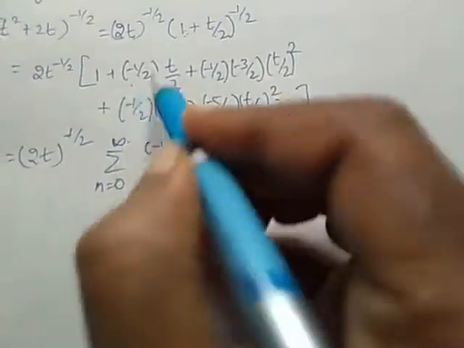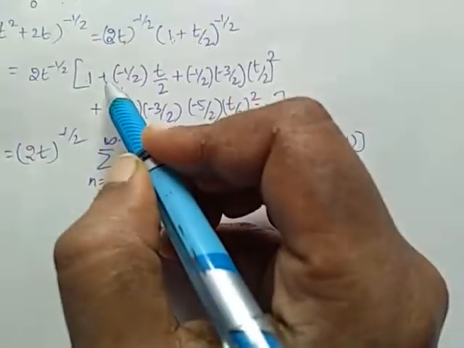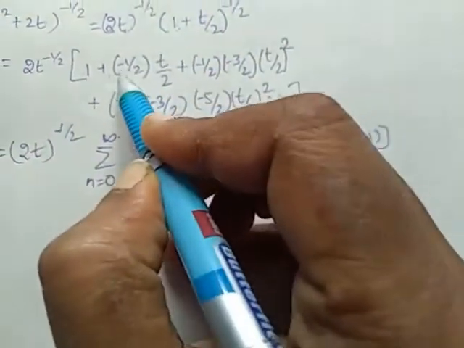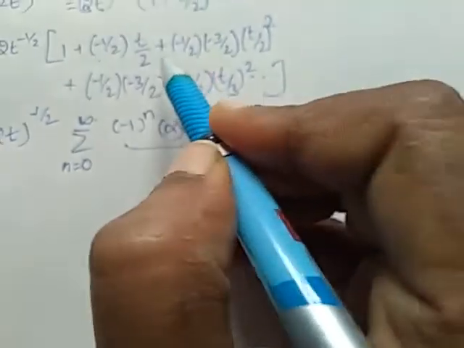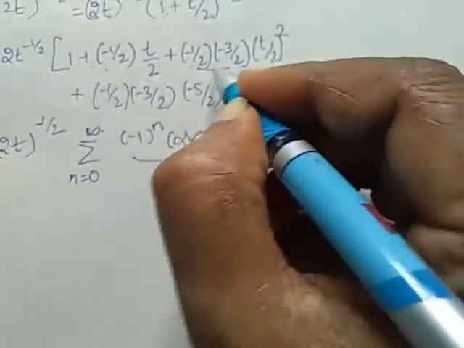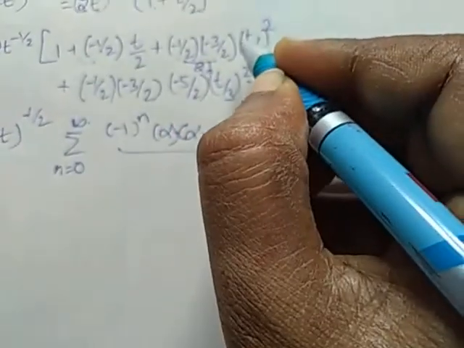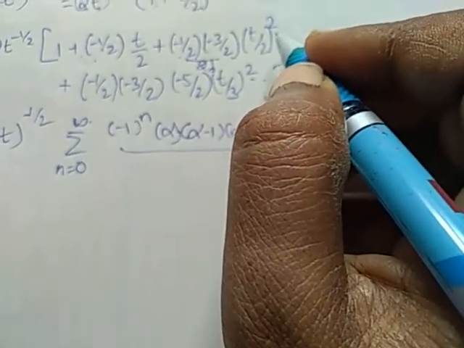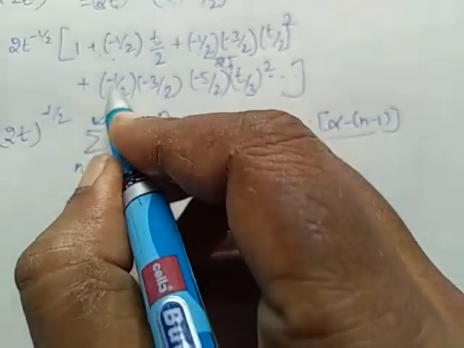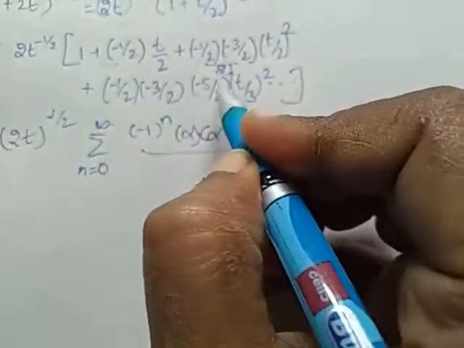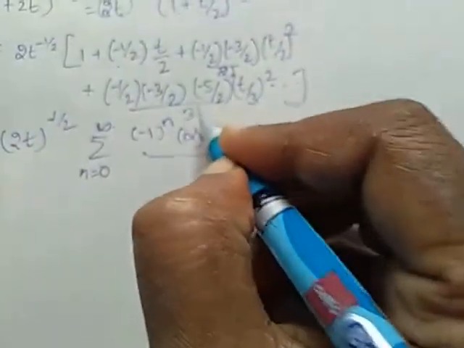Here I have missed n factorial, right? 1 plus n into a power n minus 1 into b plus n into n minus 1 by 2 factorial into a power n minus 2 into b square plus n minus 1, n minus 2 by 3 factorial, etc.